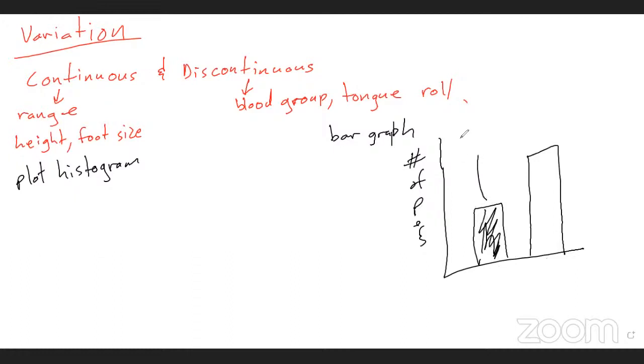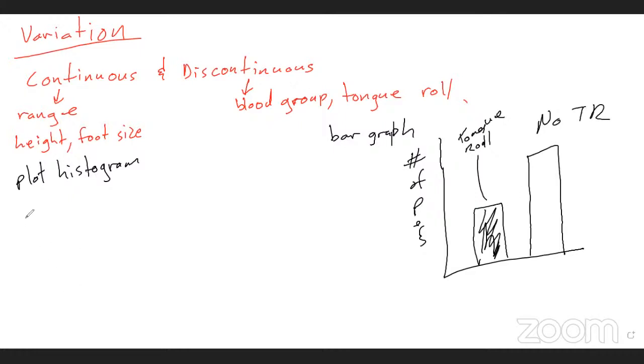I would say this is a thumb rule. With discontinuous variation, they are placed in distinct categories.